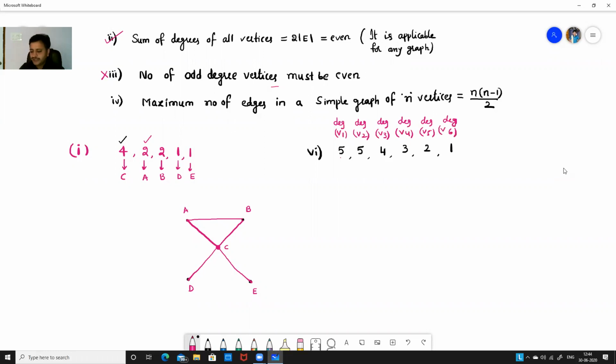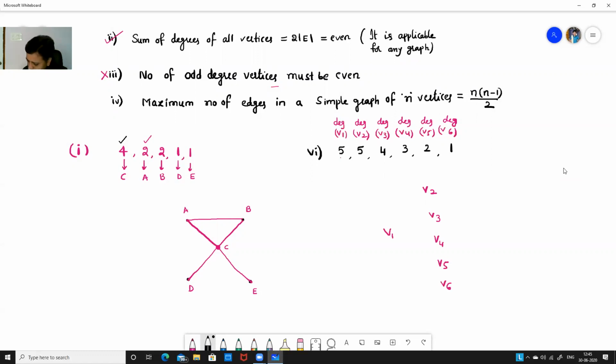What does it mean? V1 is connected to all the remaining 5 vertices. Is it correct or not? Suppose I take V1 with edges E1, and we have vertices V2, V3, V4, V5, and V6. In total we have 6 vertices.